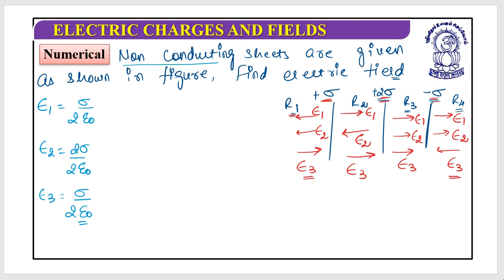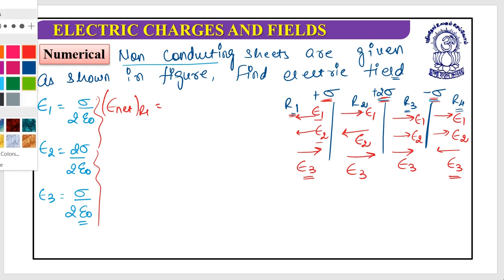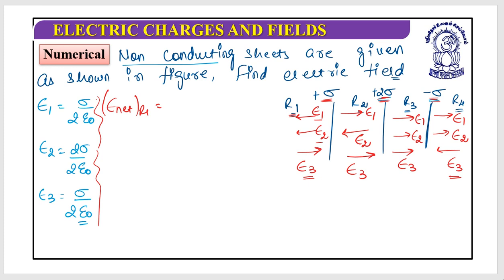Now you have done up to the directions. Now it's time for magnitude. So if I write the magnitude, it's E net due to R1. Look at this, E1 and E2 are in the same direction while E3 is in the opposite direction.